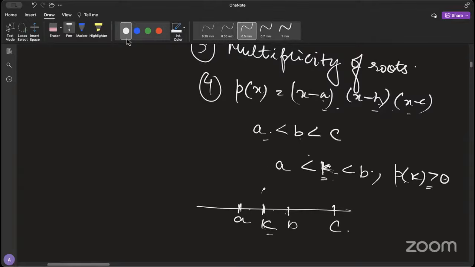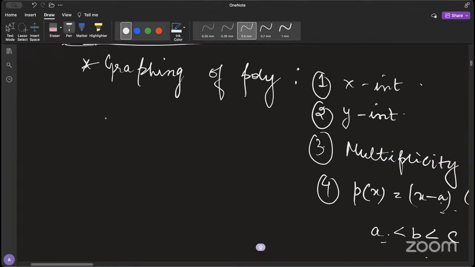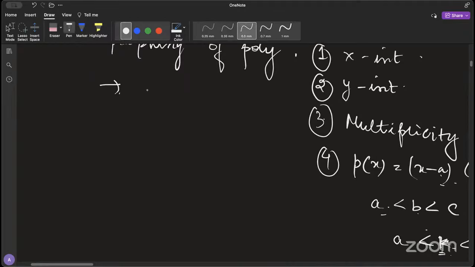Before that, I'll discuss one more point about polynomials, which is for graphing of polynomials, they are continuous in the graph sense. What do you understand by continuity? The thing that I'm going to say is not what continuity exactly means.